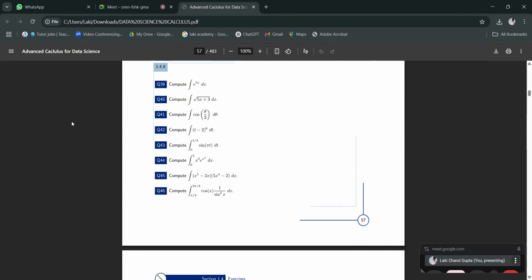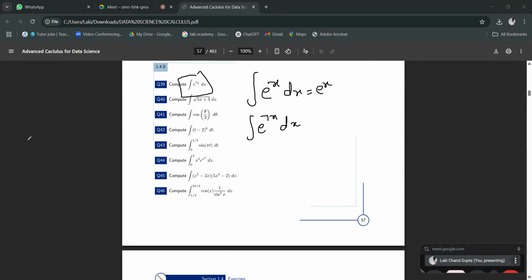Here is the substitution method. Yesterday we discussed the substitution method. How can we substitute? Integration of e^x is what? e^x. But here you are asked to find the integration of e^7x, right?